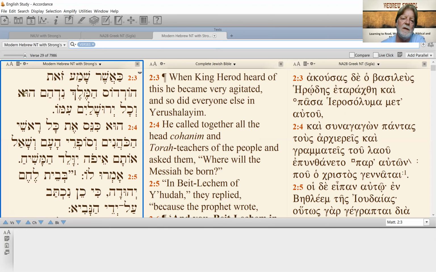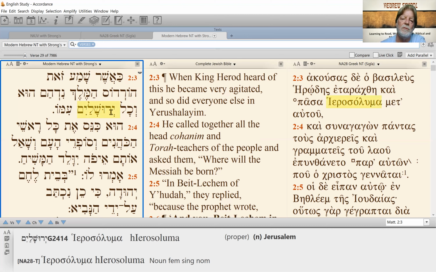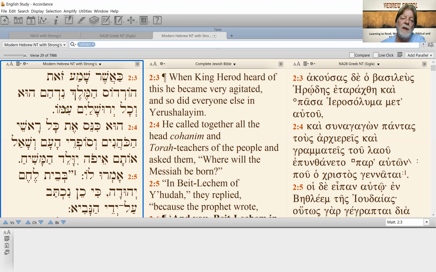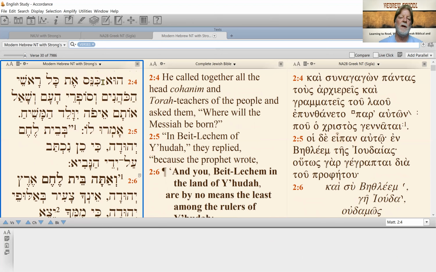Who means he in the Hebrew. He, ve, and call, and all Yerushalayim, imo, with him. Let's go to bring number 4 up to the top.